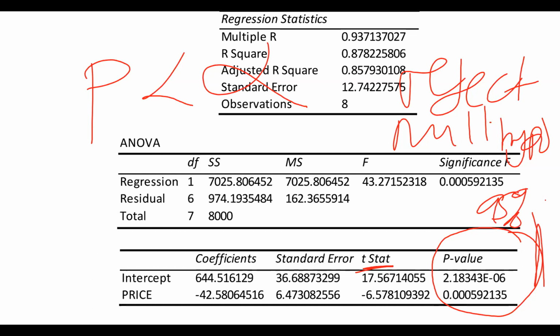Most of the times it's around 95. So at 95%, your alpha will be what? Will be 0.05, isn't it? Most of the times it's 0.05.